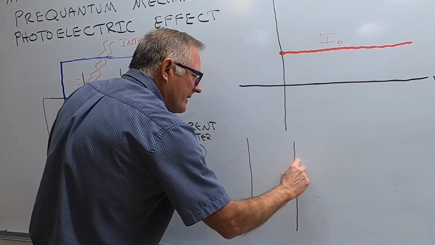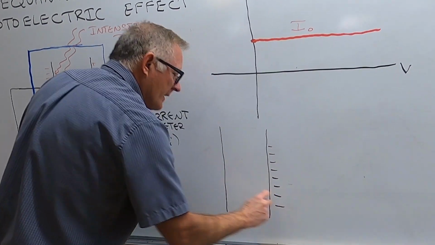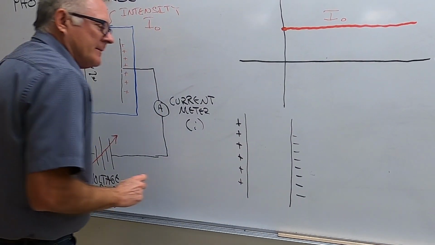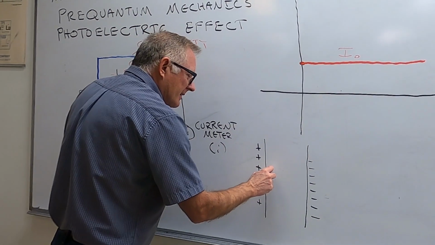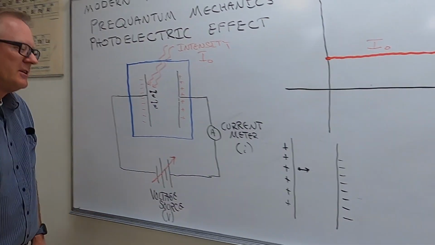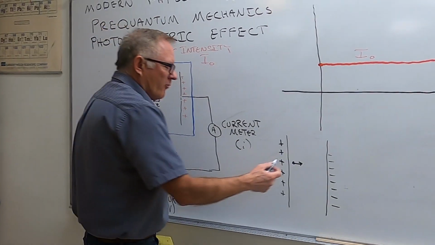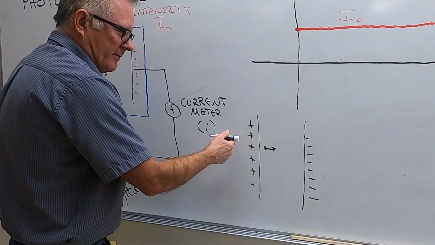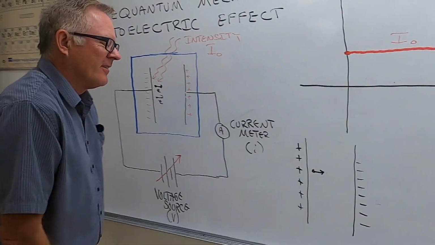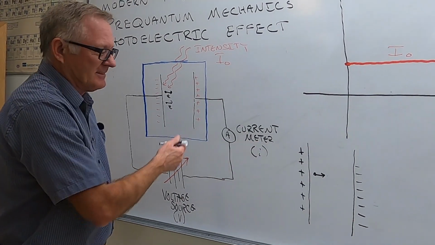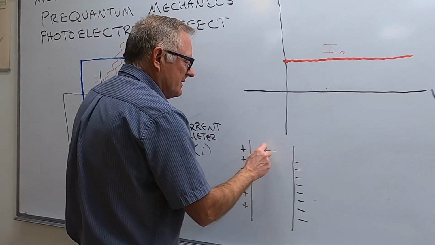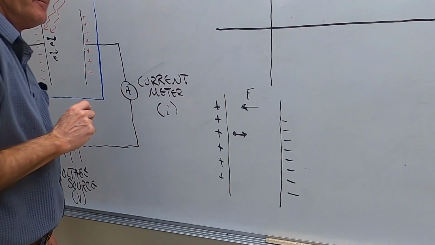If this is now the negative side, and this is now the positive side, then these electrons right here, even though they're moving that way originally, the force on them is back this way. Remember, the electric field is this way, and electrons are negatively charged, so they always go against the field. So there's a force on them. The force is actually in that direction.